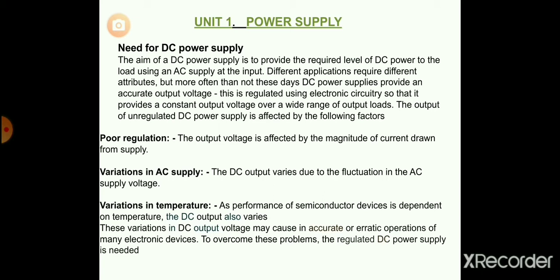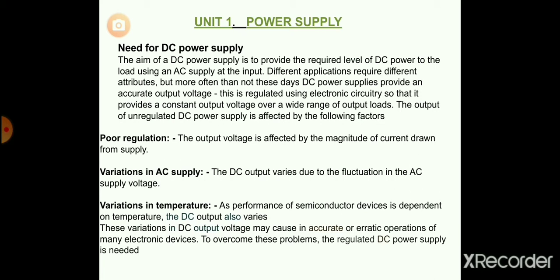Regulate means we have to get a constant output voltage, which is required for different applications. Regulating means we are going to use some filter circuits to remove some AC. DC is there, pure DC, but a small amount of AC will be there, that we are going to remove.